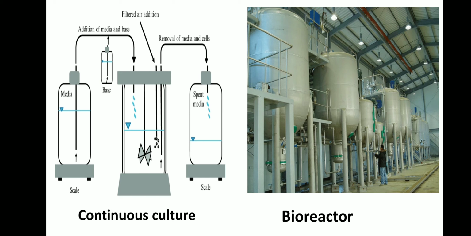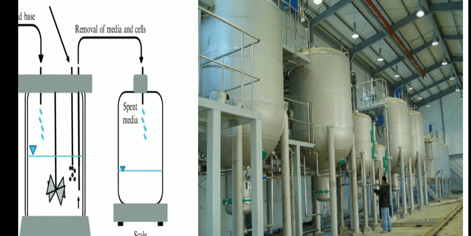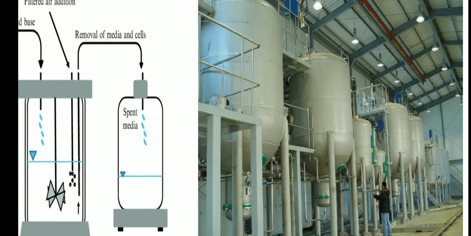What is a bioreactor? A bioreactor is a large scale production device which is used for rapid propagation and rapid production. A suitable medium, an agitator, pH, temperature, pressure, and a sufficient amount of oxygen are fitted into this bioreactor.